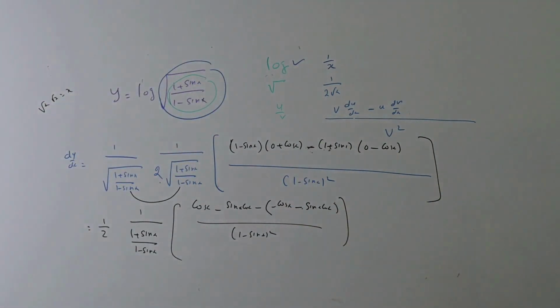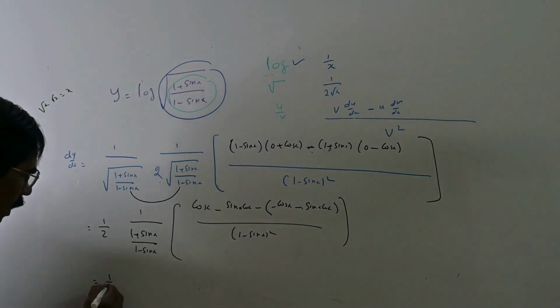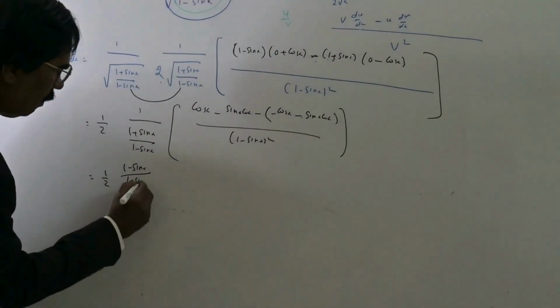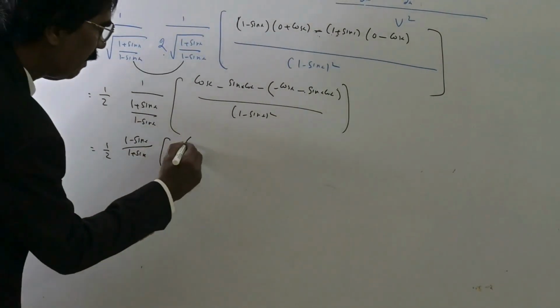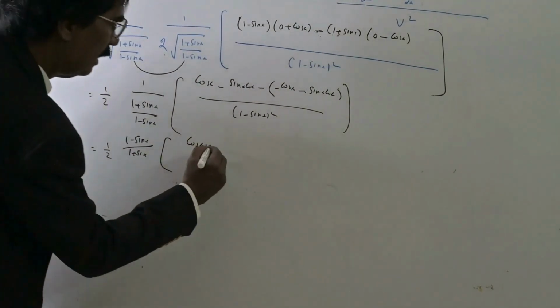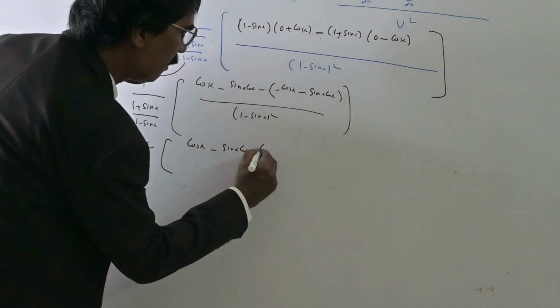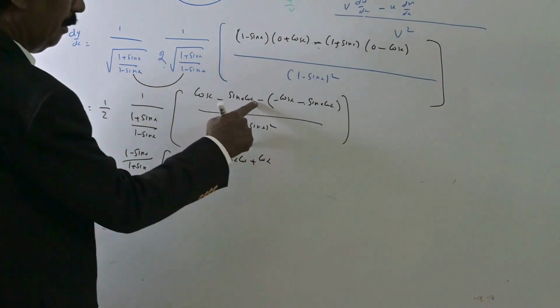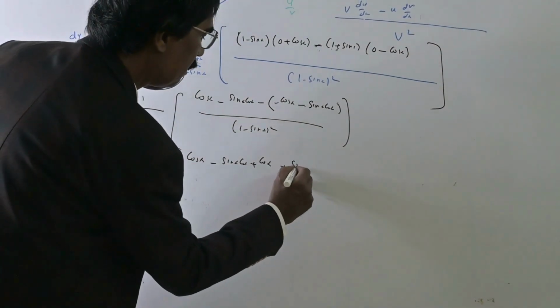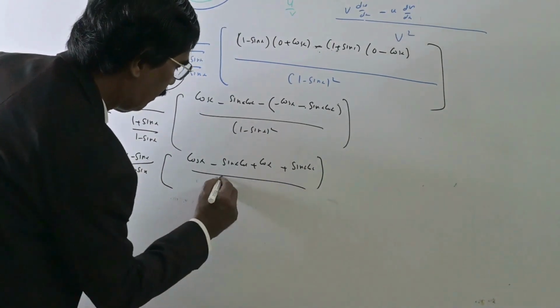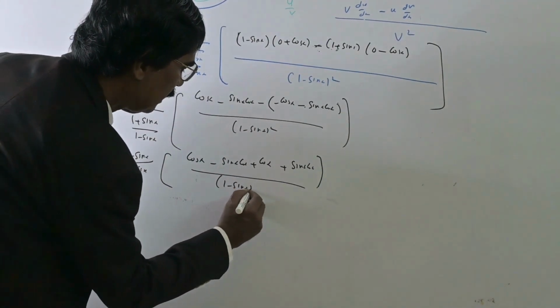Is it not? Now look here. 1 by 2, make this reverse. So this becomes what? Cos x, minus sin x cos x. Minus into minus, plus cos x. Minus into minus, plus sin x cos x. Whole divided by 1 minus sin x the whole square.